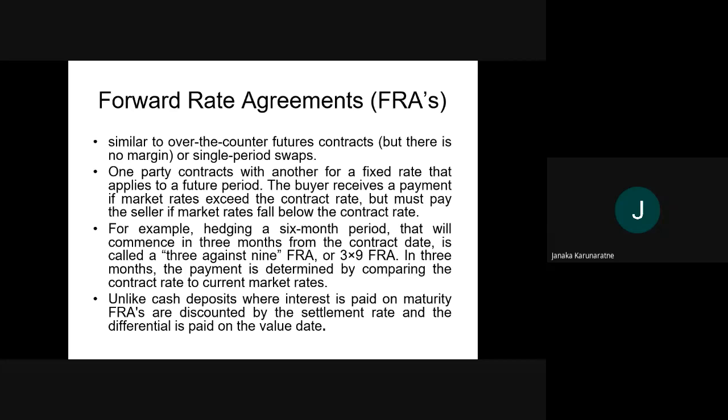Let's say today I agree with bank B on a FRA rate of 10%. So the bank says, okay, we will enter into a FRA, I will offer you an interest rate of 10% under the FRA. Now, let's say we are here today, January 3rd, and in 3 months' time, April 3rd, the FRA begins.